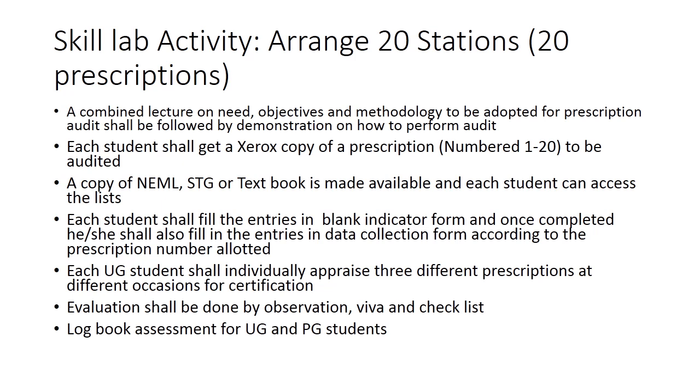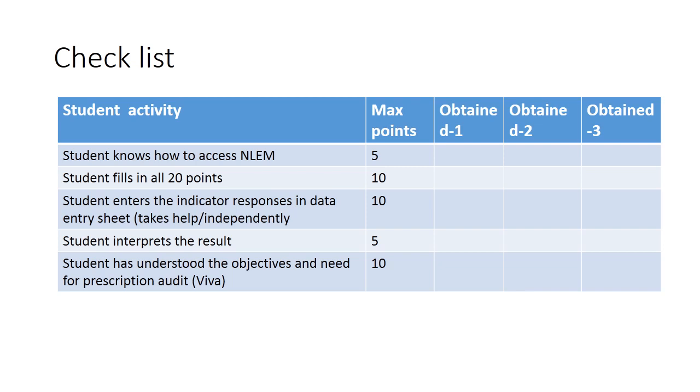Evaluation can be done by observation, viva and checklist, and logbook assessment for both UG and PG. This is a format of a checklist for UG. The student knows how to access the essential medicine list. He fills all the points. Then the student enters the indicators in the data entry sheets, takes help or does it independently.